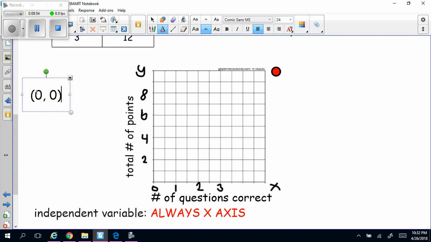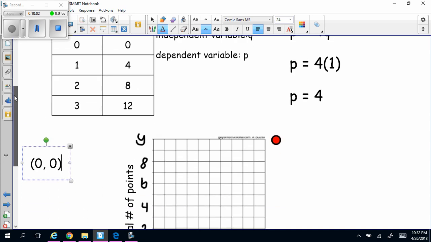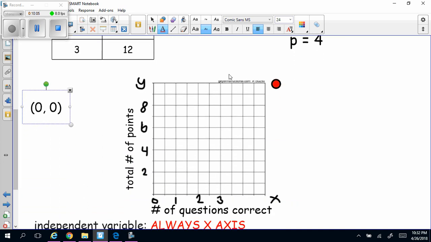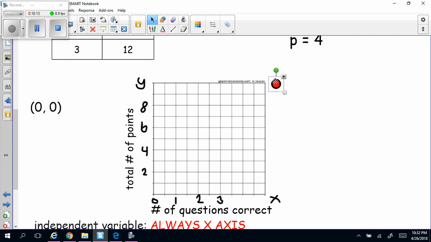That's also my x and my y, or in this case, Q and P. So we're going to plot this on 0, 0. So go ahead and do that with me. So right here at 0, 0.